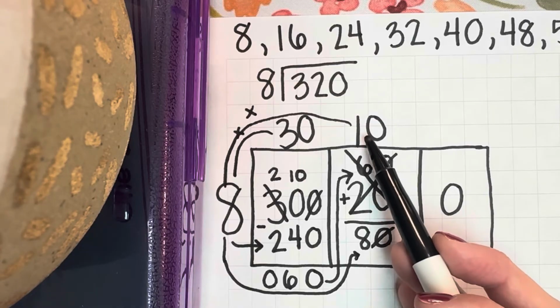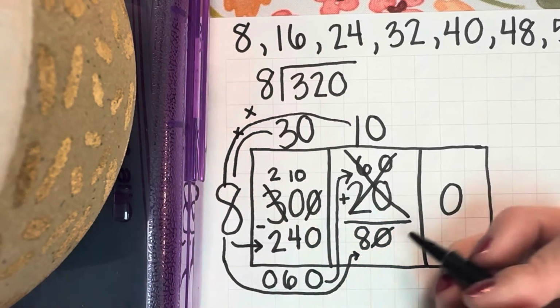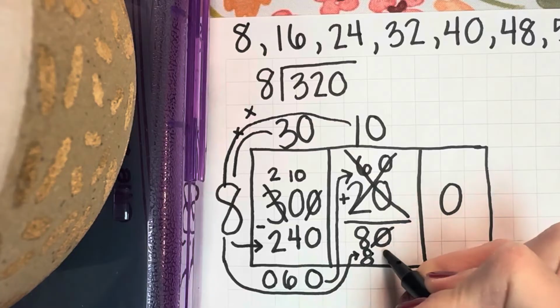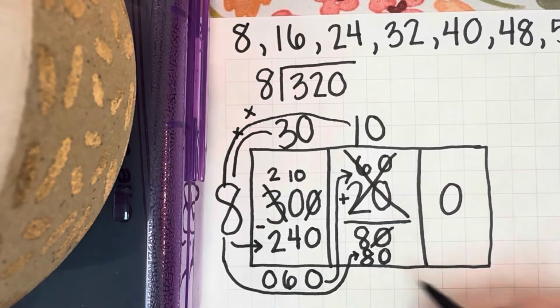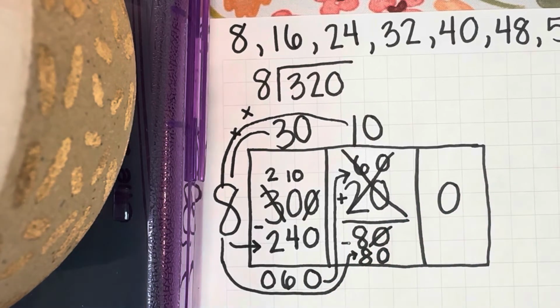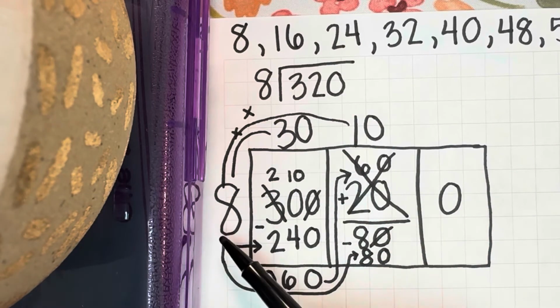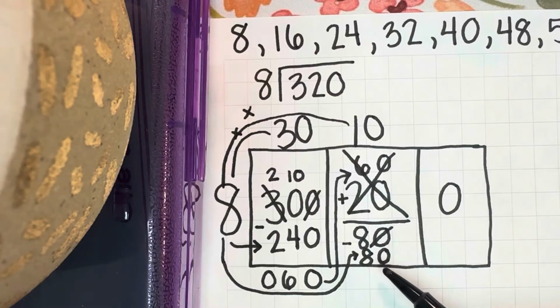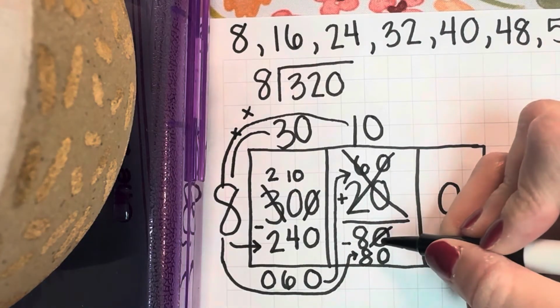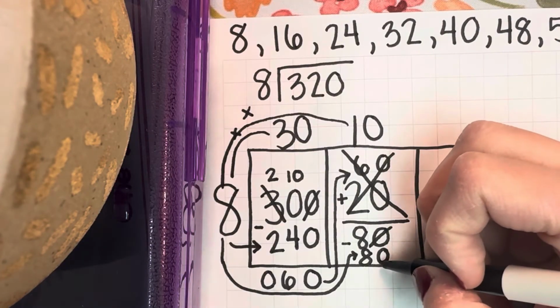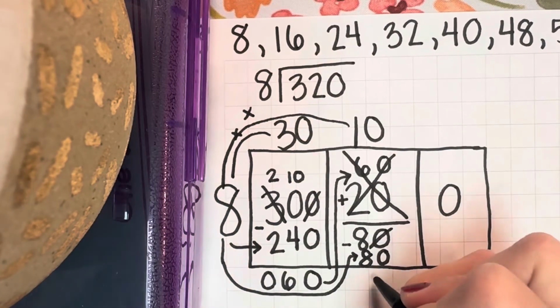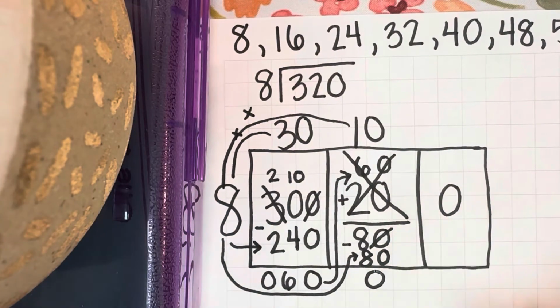So 10 times 8 is going to be 80. And then you subtract. Remember, multiply, then subtract. So 80, take away 80, would be 0.